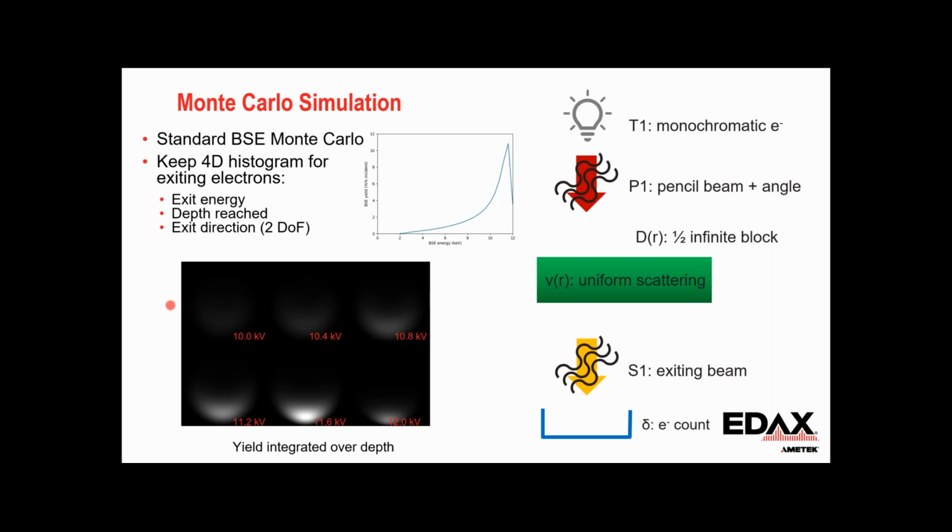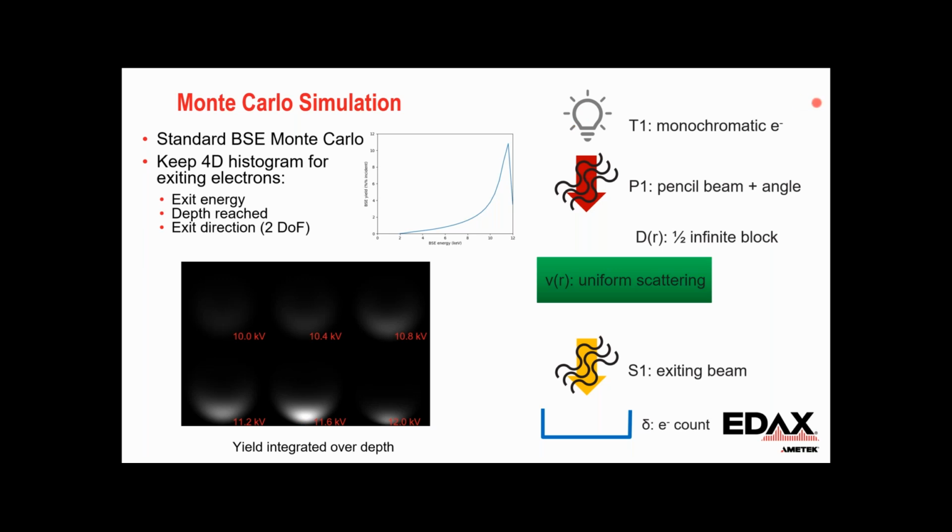So I'm showing on the bottom left here, if you integrate over the full depth and look at that 2D histogram, this shows you the exit direction for different energy bins. And because this was done with a 70-degree tilt, you can see that you get more electrons coming out in that sort of reflection geometry.